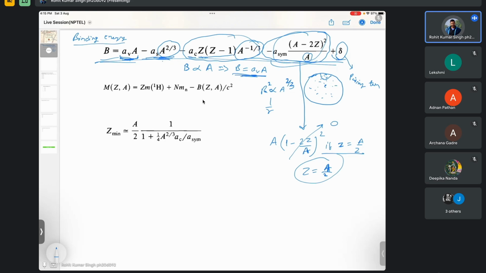this term comes from this idea that a nucleus, suppose you have an odd number of protons and an odd number of neutrons.